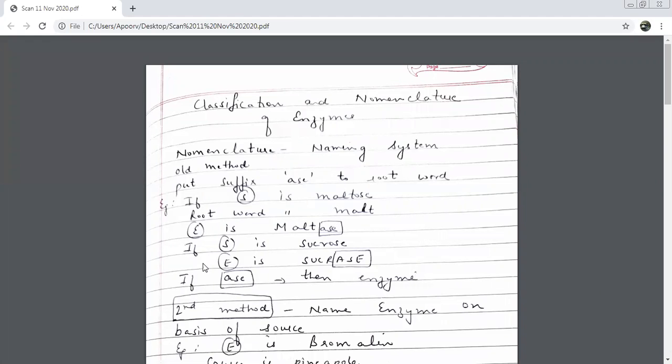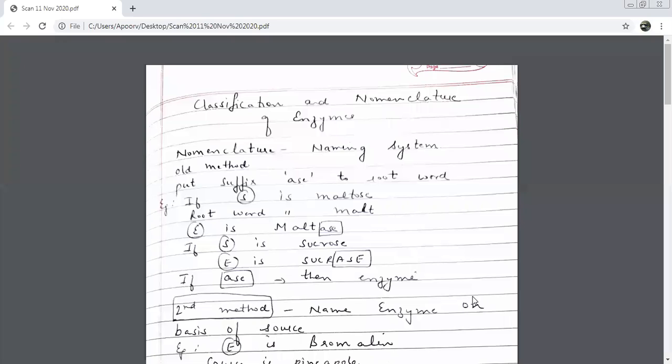One more. If your substrate is sucrose, then you know that the root word is sucr. You simply add ASE, and it becomes sucrase. So wherever we have ASE as a suffix, that means it is an enzyme. This is the oldest method of nomenclature of enzymes.